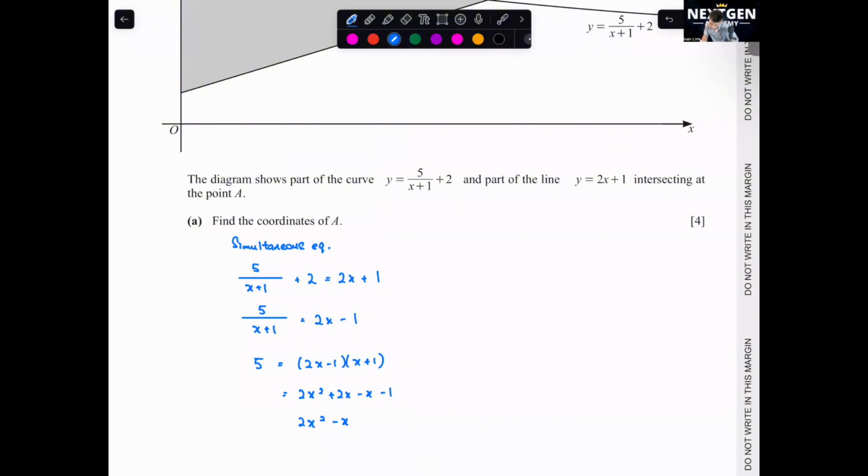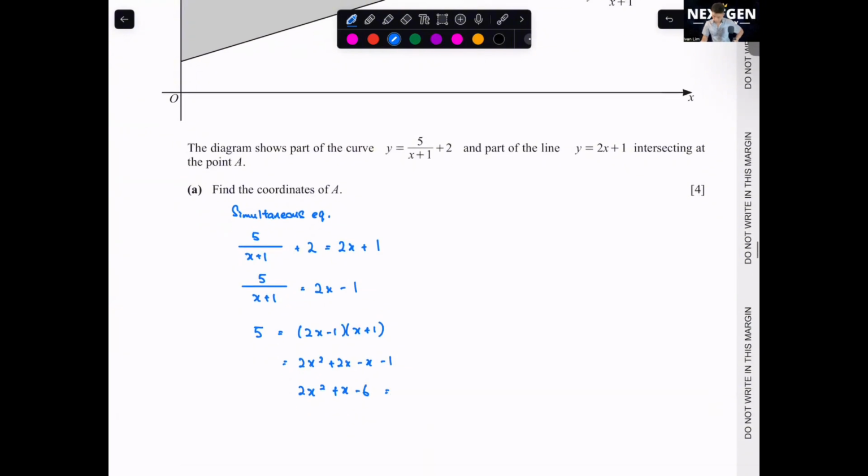Hold on a minute. 2x squared plus 2x minus x minus 1. It should be plus x, right? How can I get minus x if I'm working? Let me see. Plus x minus 6. Is this correct?